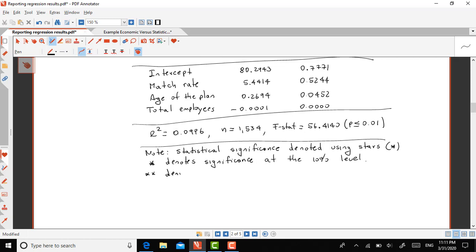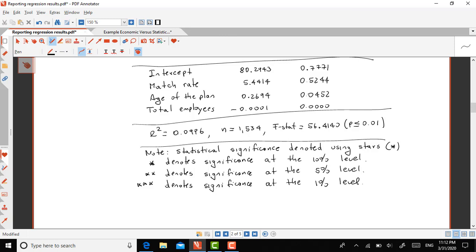So 2 stars denote significance at the 5% level, and 3 stars denote significance at the 1% level.